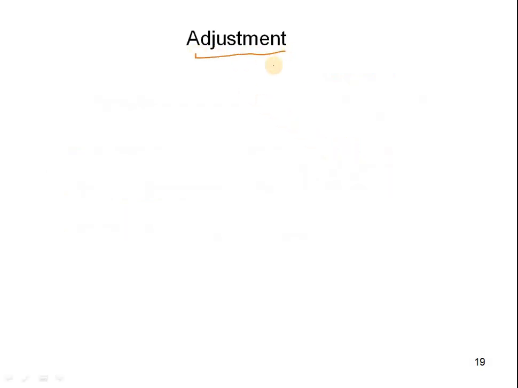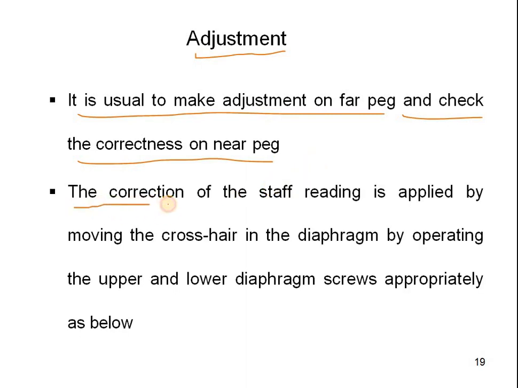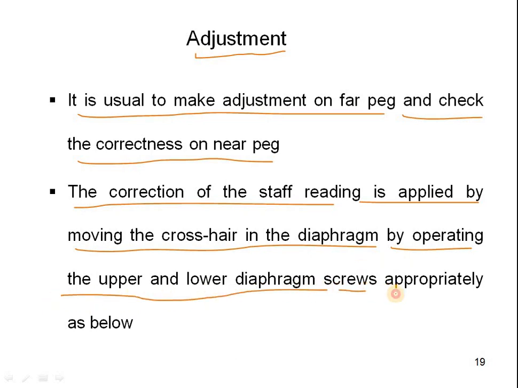Next is adjustment. It is usual to make adjustment on the far peg and check the correctness on the near peg. So when we are doing the leveling, we can do the adjustments also, on the far peg, and check the near peg also. The correction of the staff reading is applied by moving the crosshair in the diaphragm by operating the upper and lower diaphragm screws appropriately, as below.